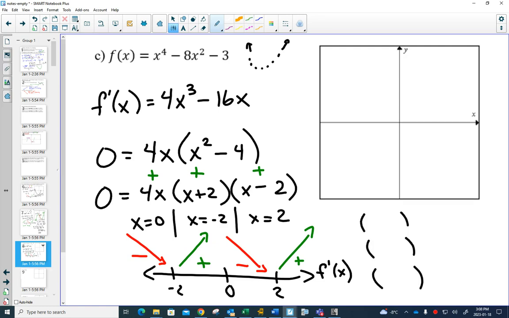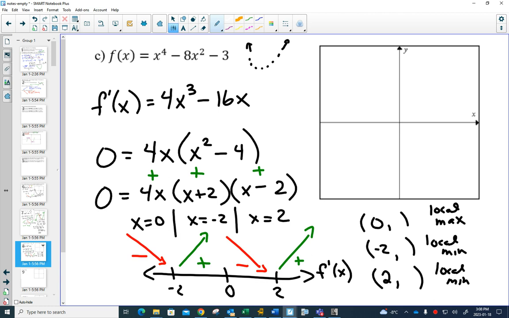We can look at our points. We know that we could plug in 0, comma something, -2, comma something, +2, comma something. The 0, I already know is going to be a local max because of how the diagram fits. The -2, a local min. The +2, also a local min.